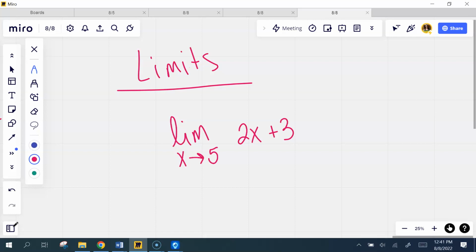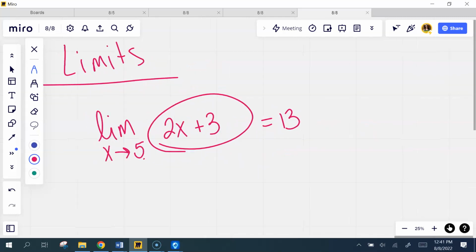Okay? Just means the closer I get to 5, what value does this take on? Well, this one actually has a value at 5, right? You can just plug that in and know, well, that's 13, right?